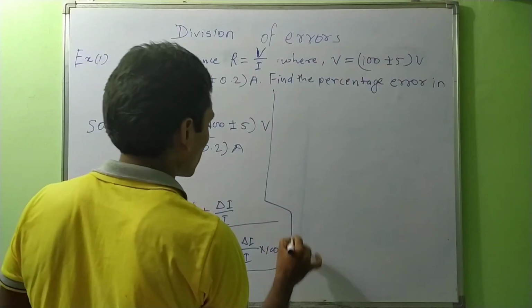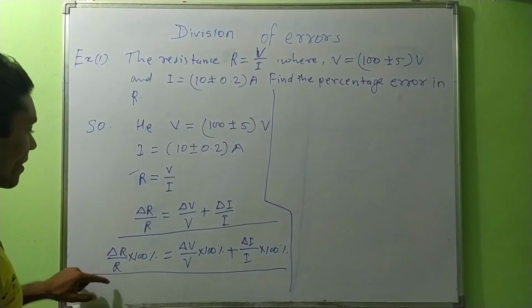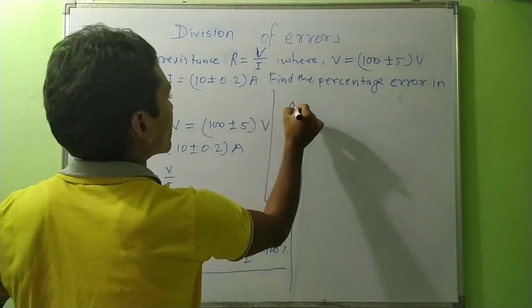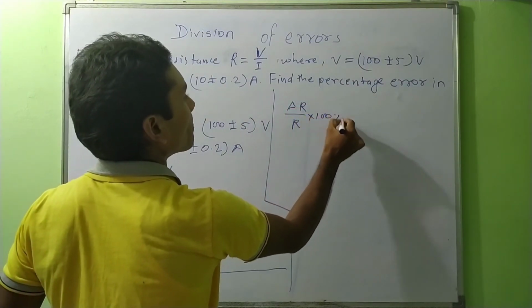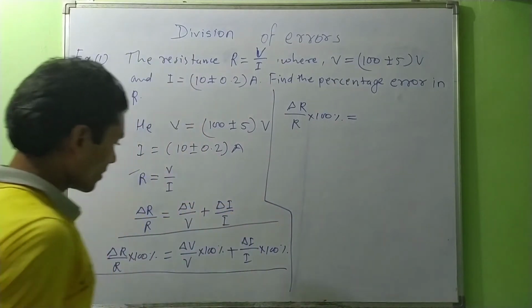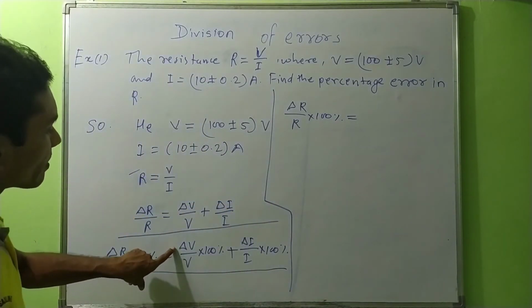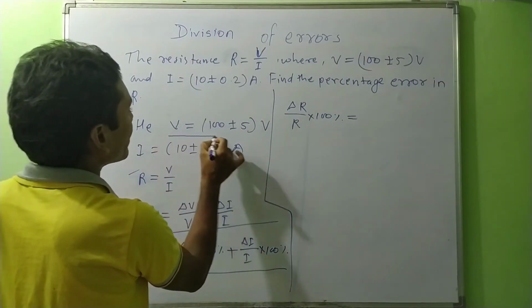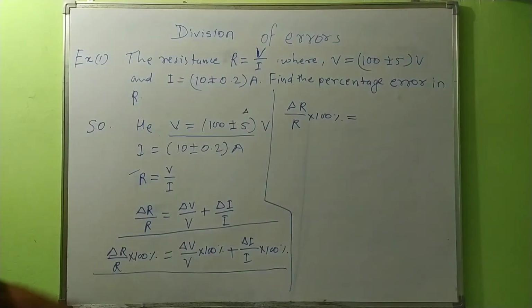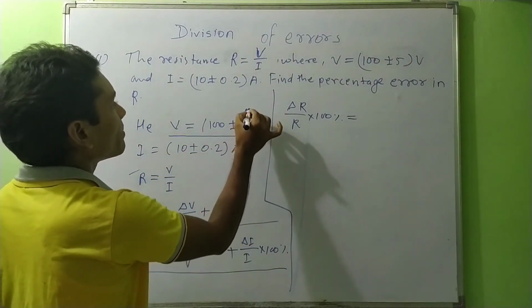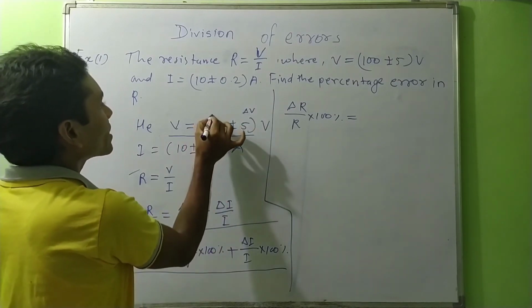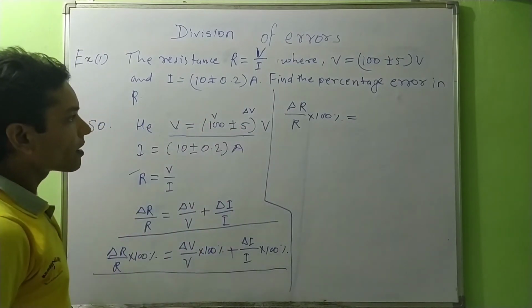So the percentage error in the resistance, on putting the value of ΔV, this is the value of potential difference; after plus minus, this will be ΔV and this will be the value of V.